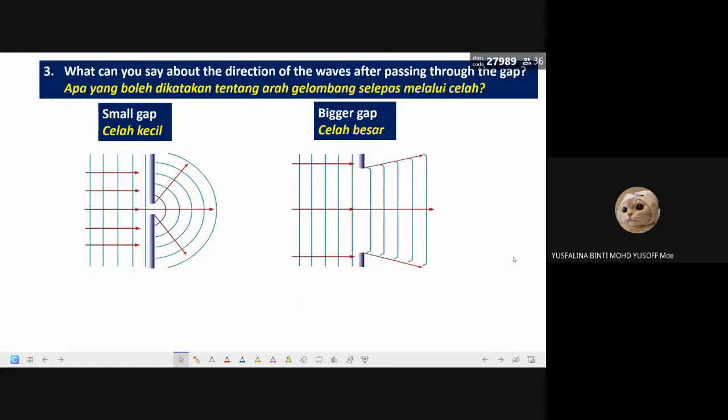What can you say about the direction of the wave after passing through the gap? You can see all the waves are spread out. For this one also it will be spread out like this, but it's not that obvious if we compare with the small gap.